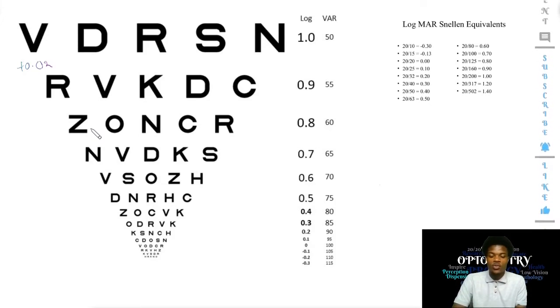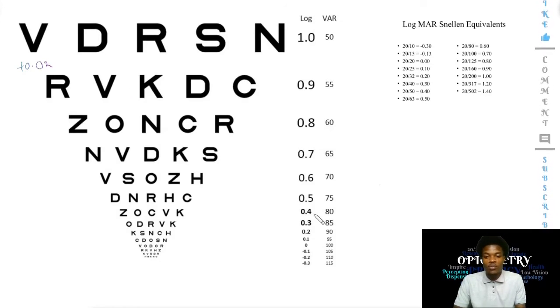And the other case that we can have: LogMAR charts are made for different distances. So for instance, in this case, let's say it's a 4-meter chart. If the person doesn't see anything on that 4-meter chart at 4 meters, we can halve the distance, or bring the chart up to 2 meters. The same 4-meter chart, we bring it up to 2 meters, and we can then see what they are able to read.